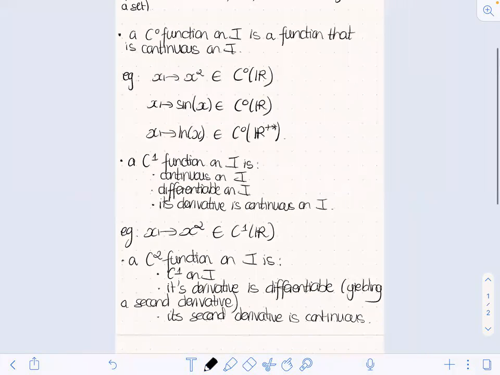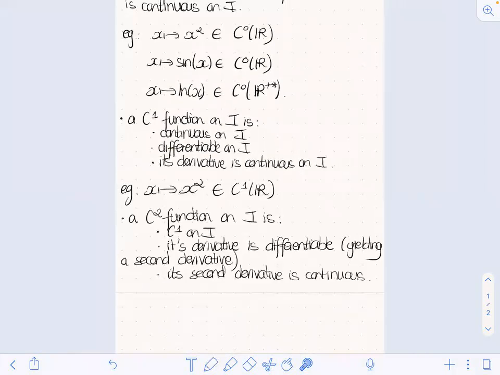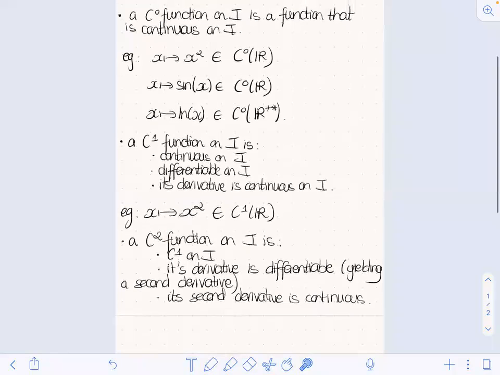So C0 is just continuous. C1 means you're continuous, differentiable, and your derivative is continuous. C2 means you're continuous, differentiable, with a continuous derivative, your derivative is differentiable, and the derivative of the derivative is continuous. So with CK, all of your derivatives exist up to the kth derivative, and the kth derivative is continuous. Is that clear for a finite number here?